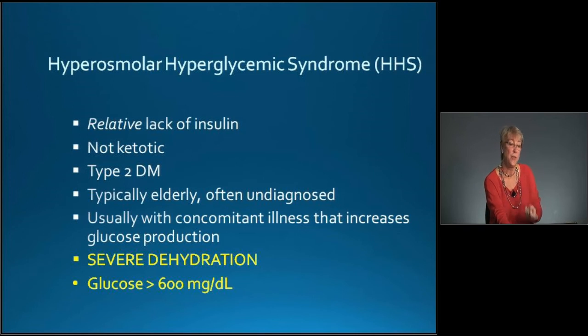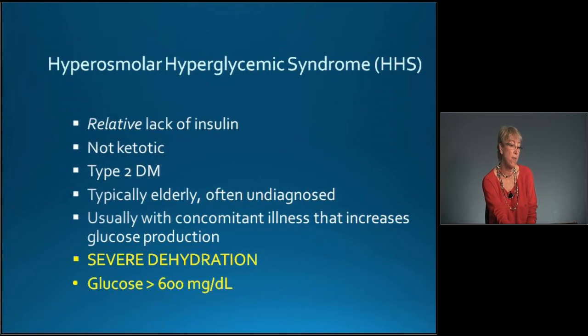Okay? So now there's another state that we look at too, and this is in type 2 diabetes, and that's hyperosmolar hyperglycemic syndrome. With this one, the mortality is probably higher because the glucose is much higher, and it's because they produce a little insulin, so they don't have the exact same signs and symptoms as a patient with diabetic ketoacidosis.